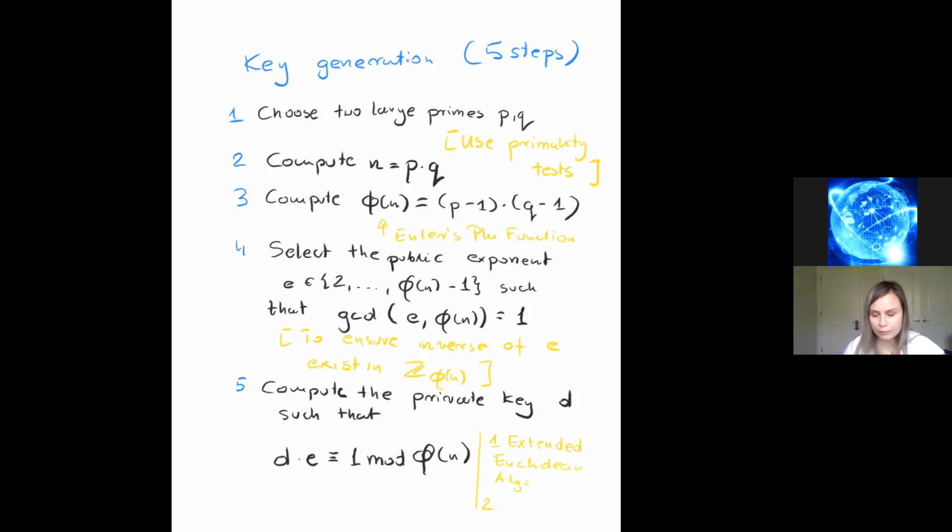Or there is a second way, you can use Euler's theorem. You can see in another video how to compute inverses in rings with modular operations.